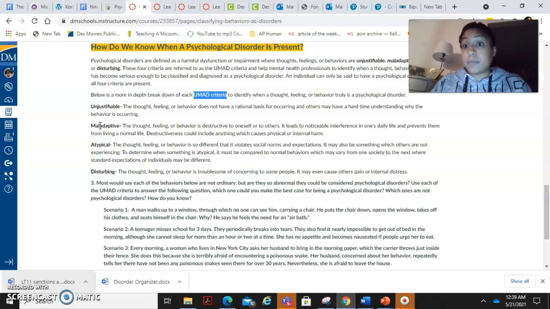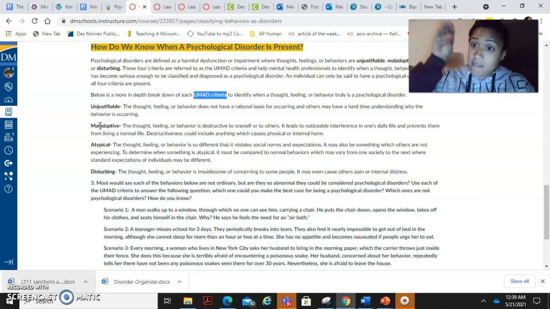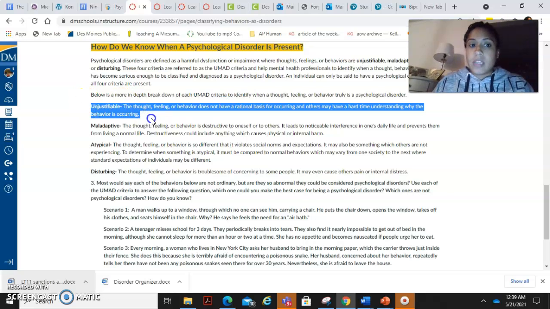That is what we use UMAD criteria for. Okay? So look at the behavior. Then ask yourself, is it unjustifiable? Is the thought, feeling, or behavior without a rational basis for occurring? And others may have a hard time understanding why the behavior is occurring. So we're like, why?